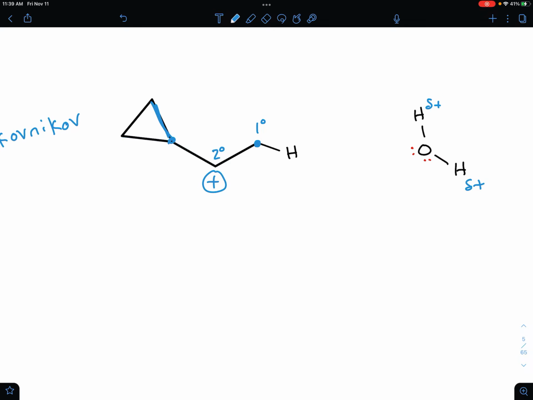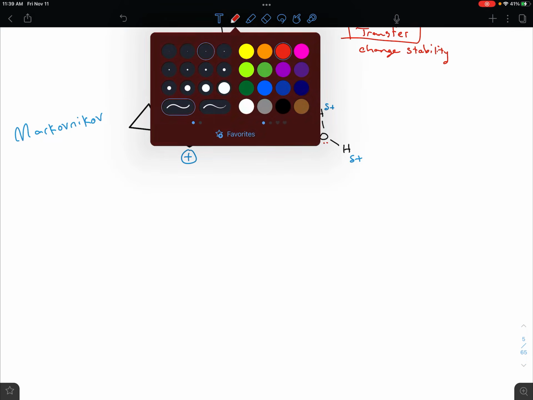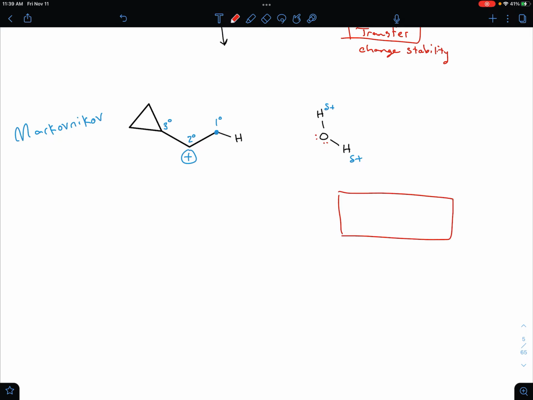And to the left, this carbon is bonded to 1, 2, 3 other carbons, so that is tertiary. In other words, we have a more stable position for the positive charge to be on to the left of where it is now. And that means that we're going to have a carbocation rearrangement. So anytime you have a carbocation, you always have to check for rearrangement.